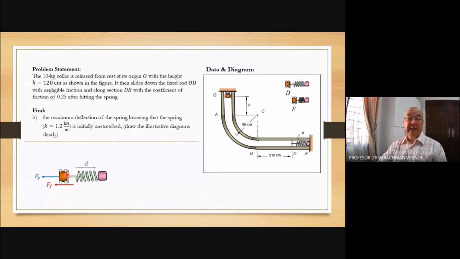Since the collar moves to the right, the friction will be to the left. Those are the two forces parallel to the direction of displacement. The friction depends on the normal force. The normal is the reaction from the wall of the rod to the collar, and the normal is opposite to the weight.